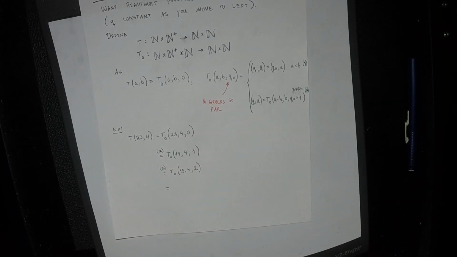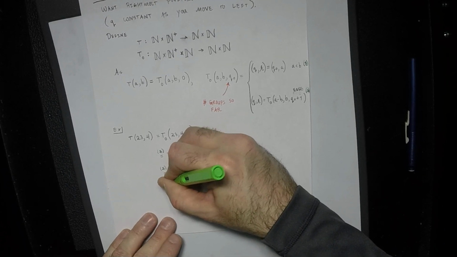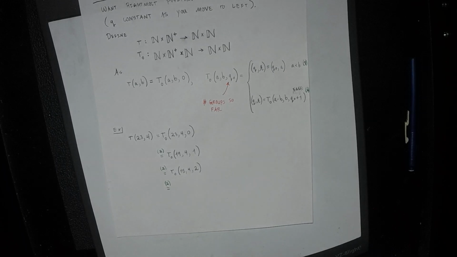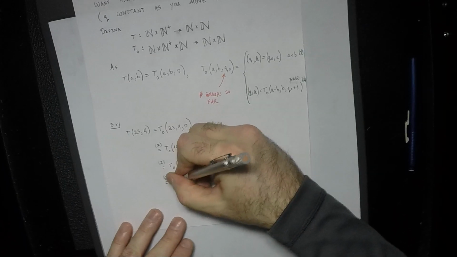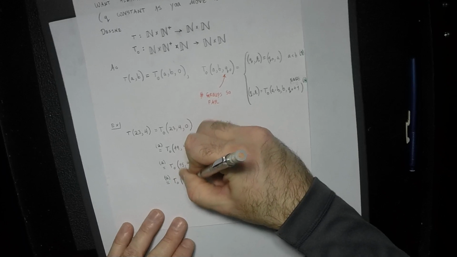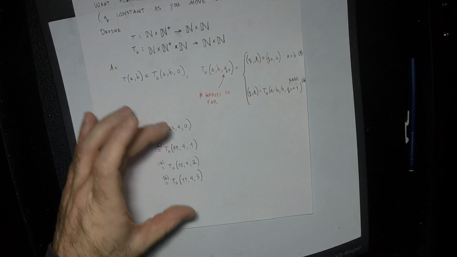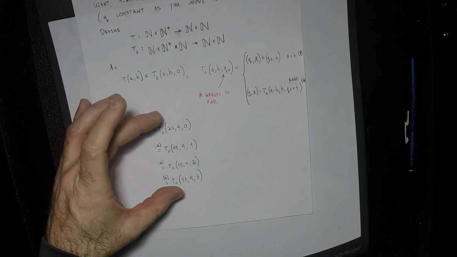So which clause do we need to evaluate? The second clause. And what are the arguments? 11, 4, and 3.